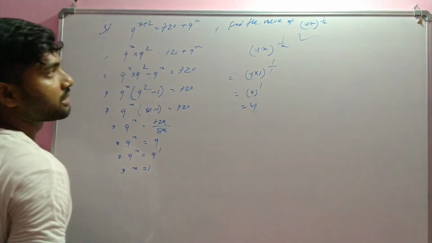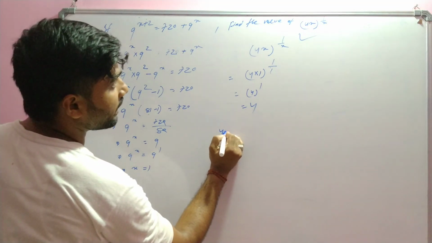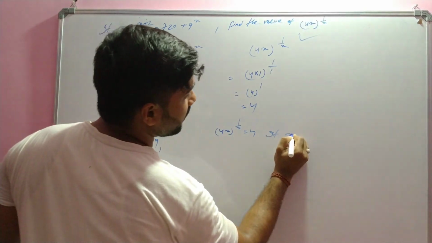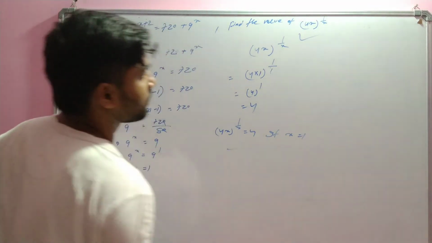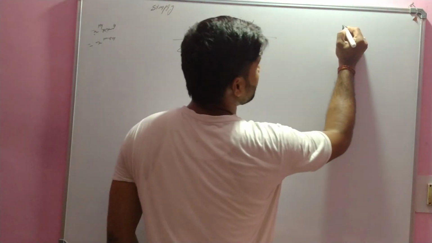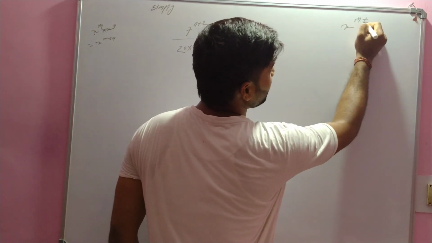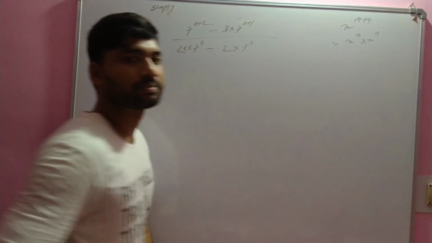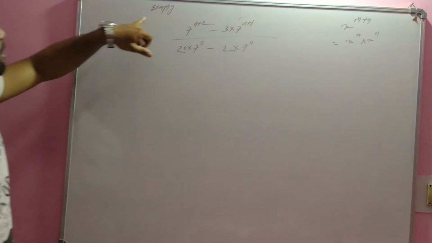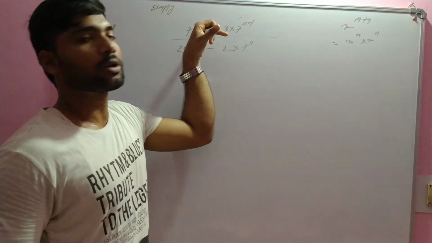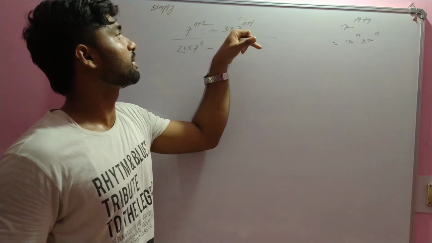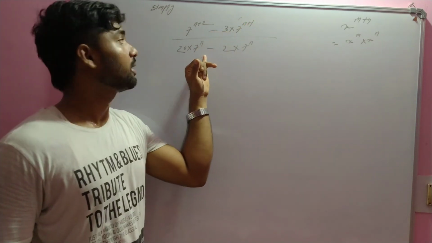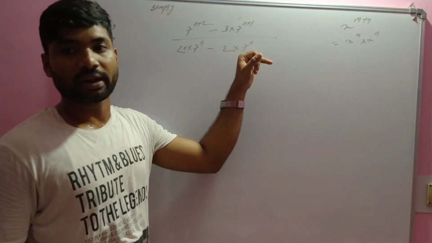So 4 to the power 1 by x equals 4 if x equals 1. Simply, x to the power m plus n may be written as x to the power m into x to the power n. Look here. Simplify 7 to the power n plus 2 minus 3 into 7 to the power n plus 1, divided by 20 into 7 to the power n minus 2 into 7 to the power n.